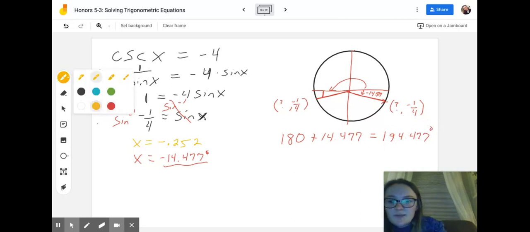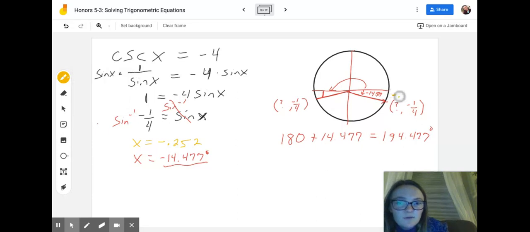If I want to do this in radians, well, in radians, this is negative 0.252. So I'm going to go all the way halfway around the circle, which is pi, and then I'm going to add the same angle, which is 0.252. So I'm going to say pi plus 0.252, and I'm actually going to use my calculator there. Let's see.